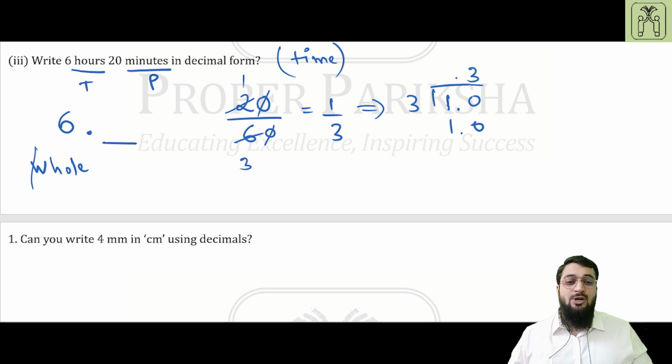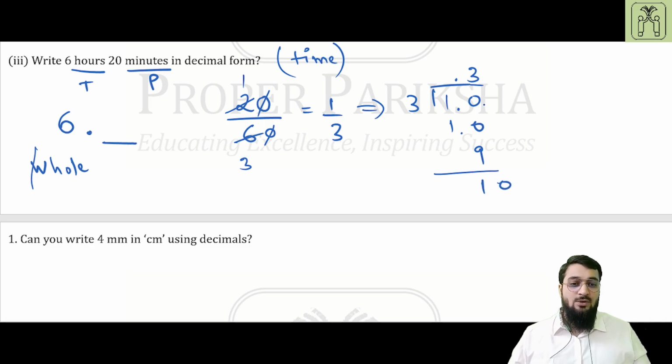The decimal point will be translated to the top in the same alignment, and you will have 9 over here. Sorry, the 10 has been taken, 9 has been taken over here, and this will give you the answer of 1.